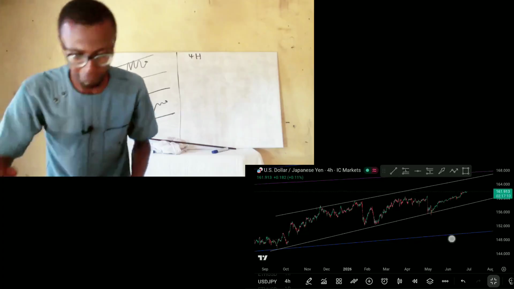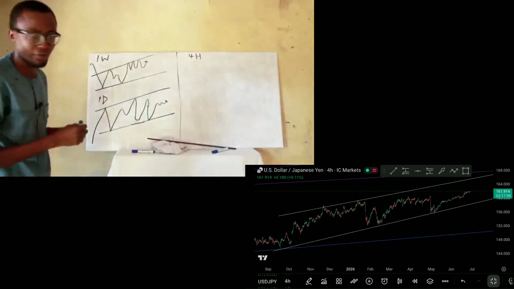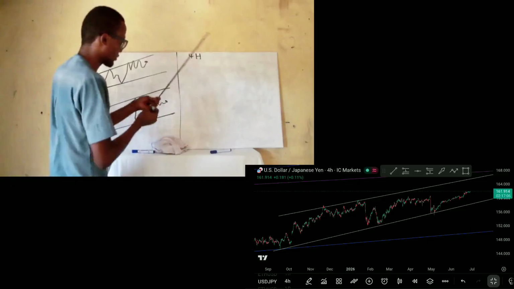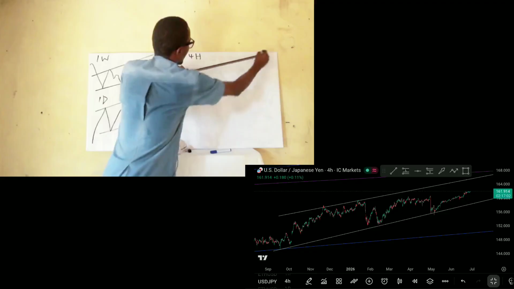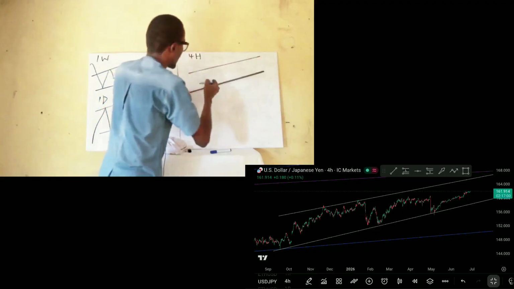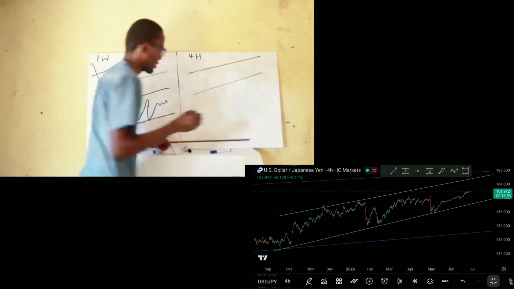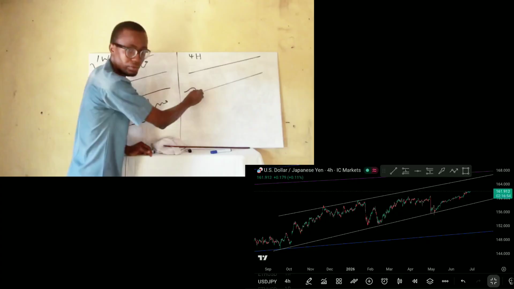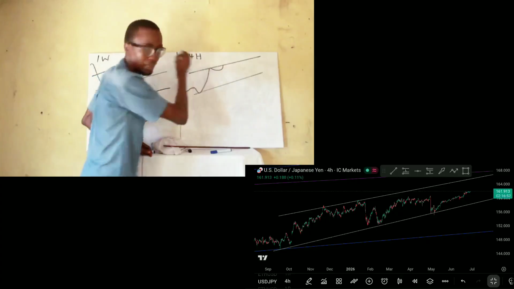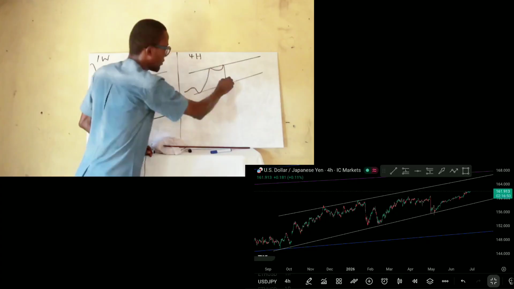This is the 4-hour time frame. Look at how it's looking. It's coming from down here, then it came down, then it came up, came down.